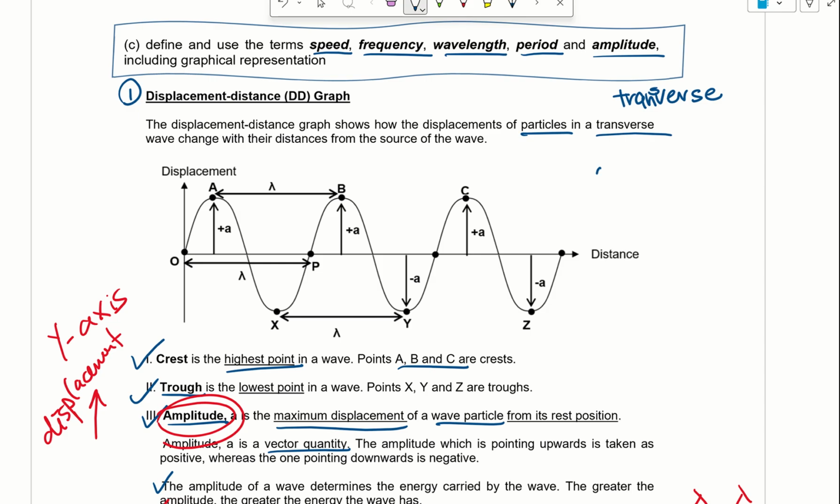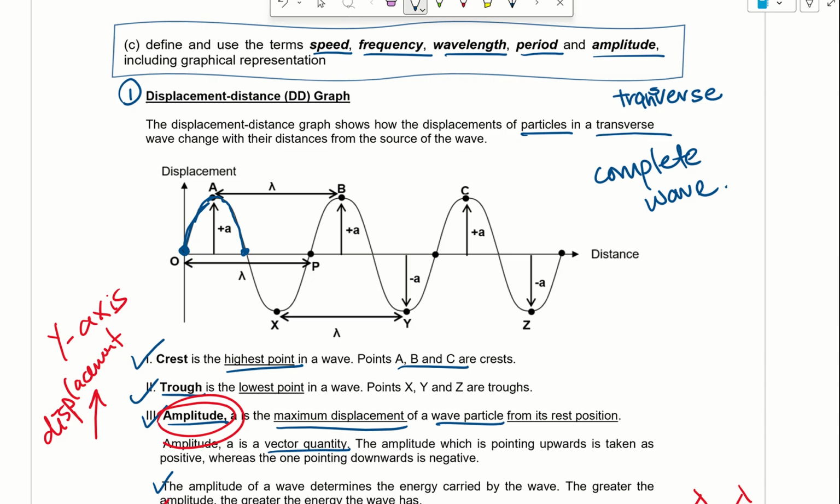So we need to find out how to determine a complete wave. When is a wave complete? So imagine if I were to start from here. So this is the rest position. If I were to start tracing the wave this way, it will go to a maximum point. Then it will come back down and reach this rest position again.